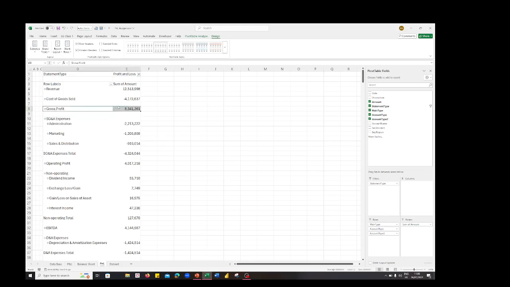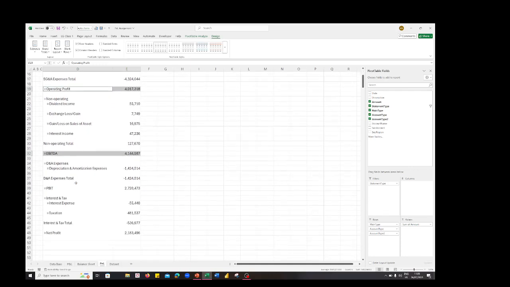These are subtotals. This is a subtotal. Operating expense, subtotal.